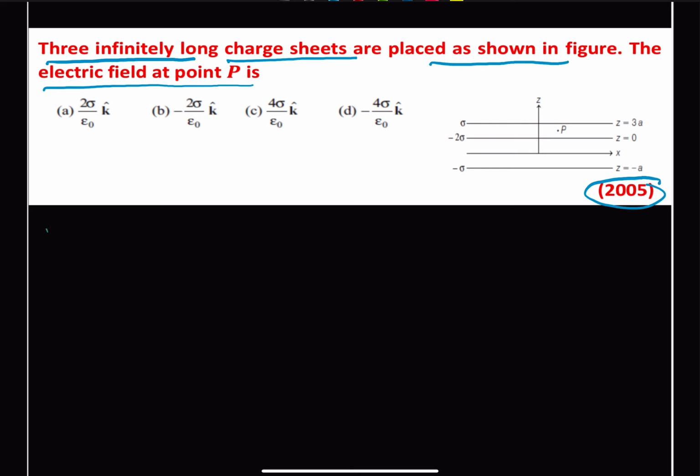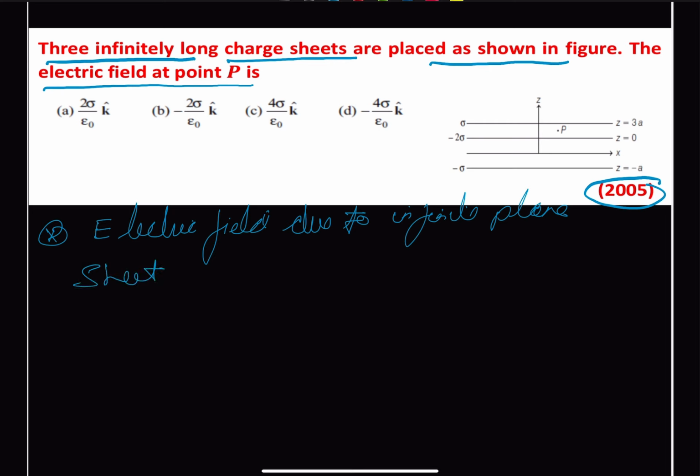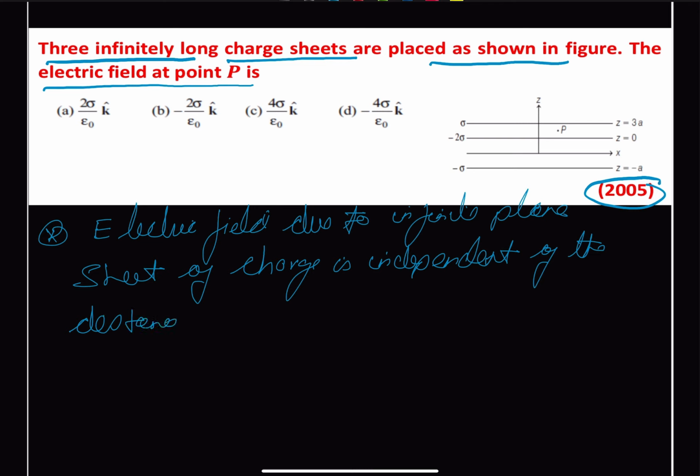So you can say the electric field due to an infinite plane sheet of charge is independent of the distance of the point from the sheet.